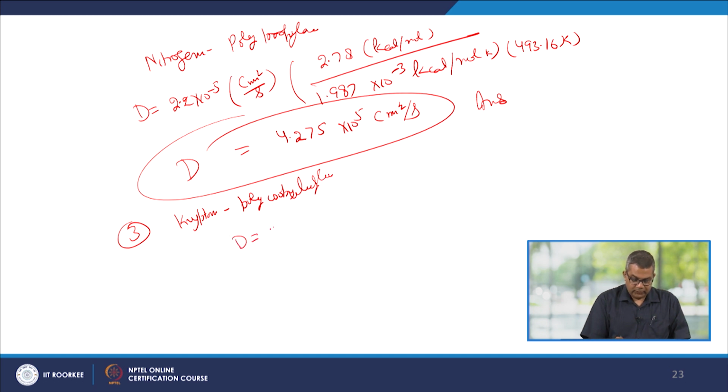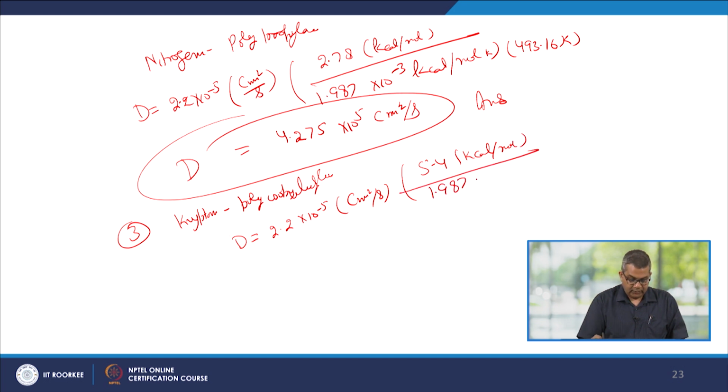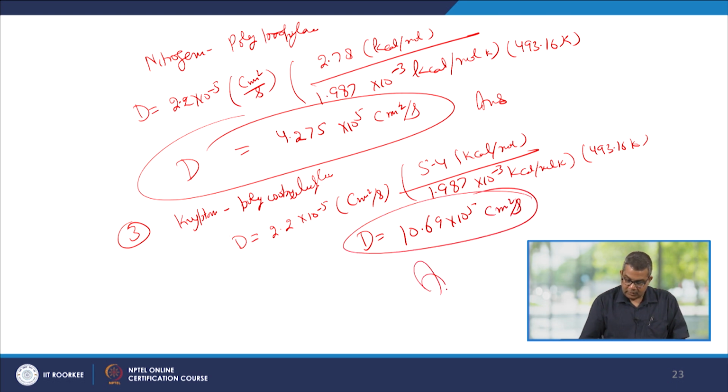D is equal to 2.2 into 10 to the power minus 5 centimeter square per second into exponential of 5.4 kilocalorie per mole over 1.987 into 10 to the power minus 3 kilocalorie per mole Kelvin into 493.16, and then D comes out to be 10.69 into 10 to the power 5 centimeter square per second. This is our answer.